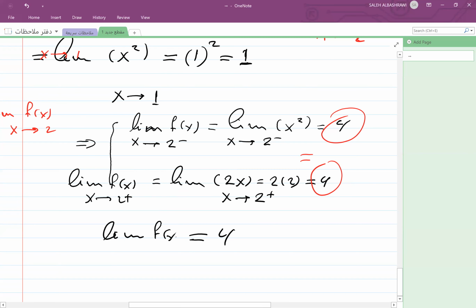The limit of f of x as x goes to 2, without any sign, without positive or negative, is equal to 4, and we say the limit exists because the left limit and right limit are equal. So when the left and right are equal, then the limit exists and is equal to that number.